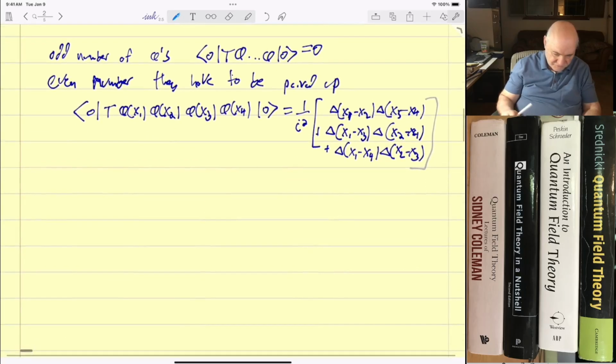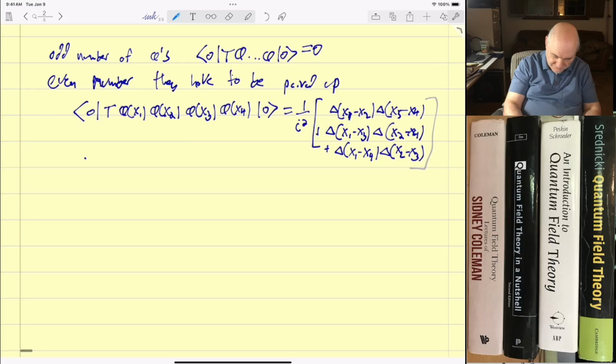And you can see how this is starting to sort of get to scattering. Imagine we have a particle at x1 and a particle at x2, and for the 2-point function they just propagate.